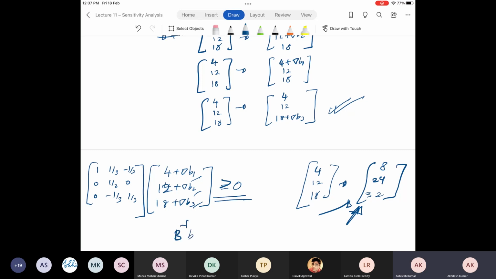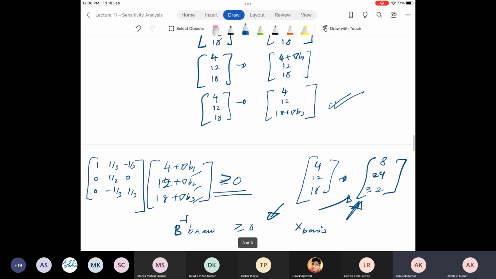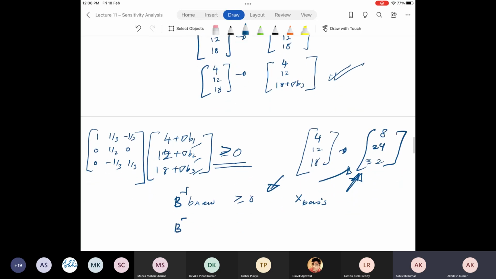What can happen? B inverse B new. If everything is greater than or equal to 0, whatever solution you get is the value of your X basis. If any one of them is less than 0, you need to re-optimize using what? How do you re-optimize? Dual simplex.